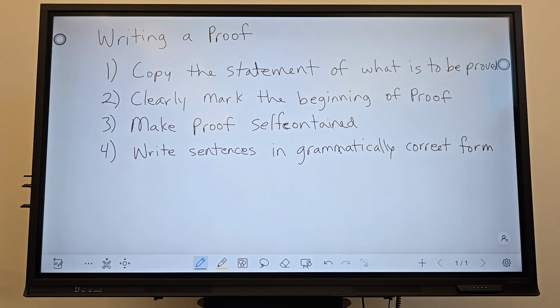This does not mean that you should avoid using symbols and shorthand abbreviations, just that you should incorporate them into sentences. So you can put equations in sentences and still be complete, grammatically correct sentences.